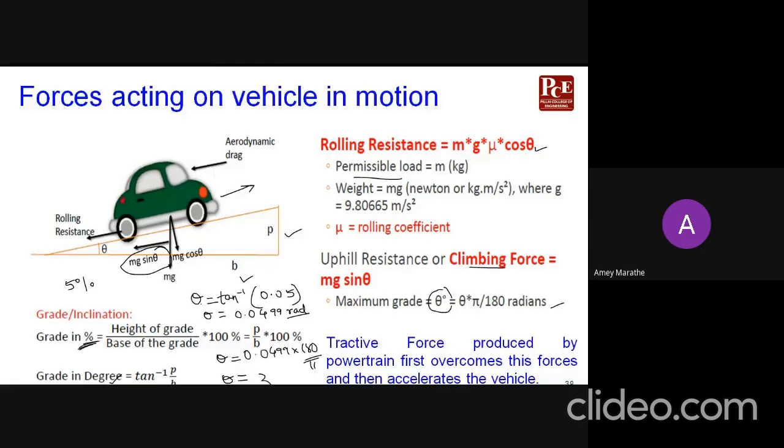So basically what I want you to understand is, when you do calculations, your grade or your climbing can be given in terms of percentage, or it can be given in terms of degrees. Whatever it is given to you, you should be able to convert it from one to the other. Okay, so basically the forces acting on the vehicle when it is in motion are aerodynamic drag, rolling resistance, and gradient resistance, which is mg sine theta.